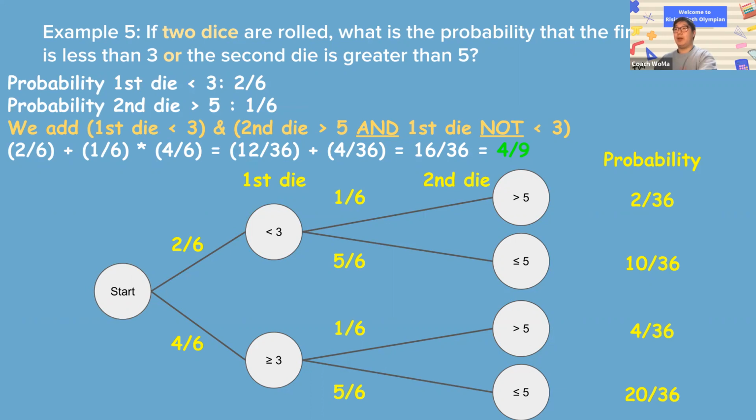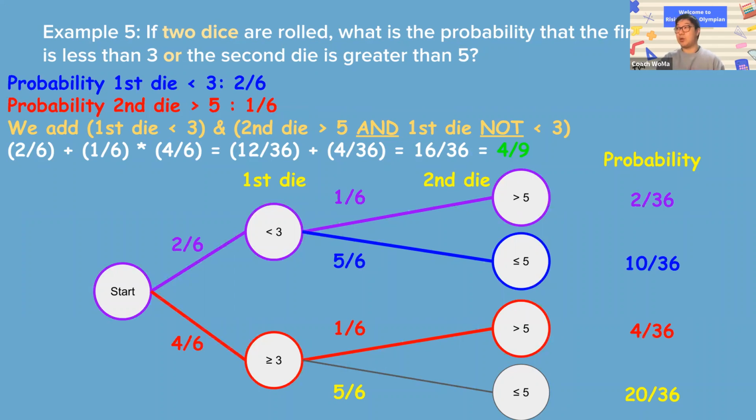Cool. When we're looking for "or", we're saying that either the first die worked or the second die worked. So that's this. The purple here is actually going to be both. In this very first case, the first die is less than 3 and the second die is greater than 5, so there's a 2 out of 36 possibility that's happening.